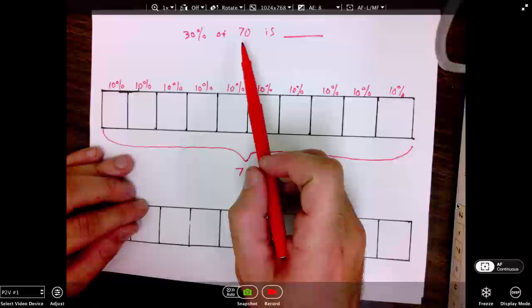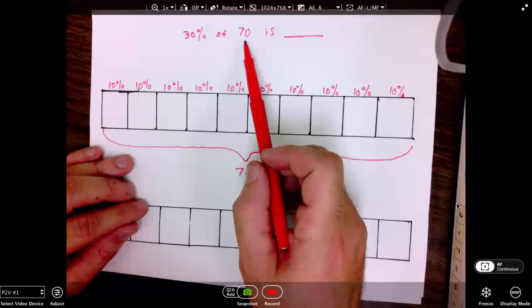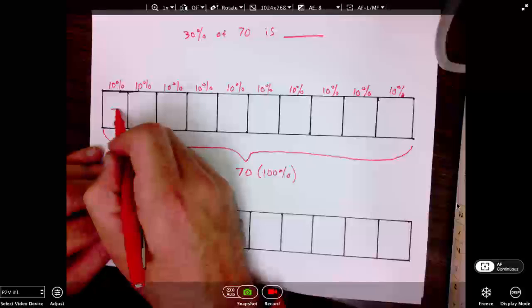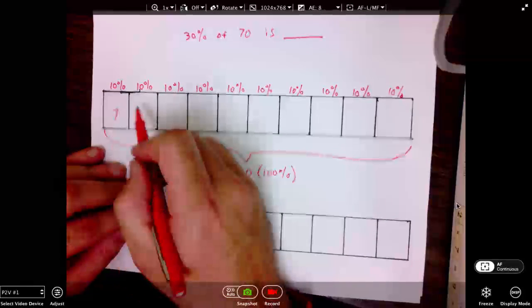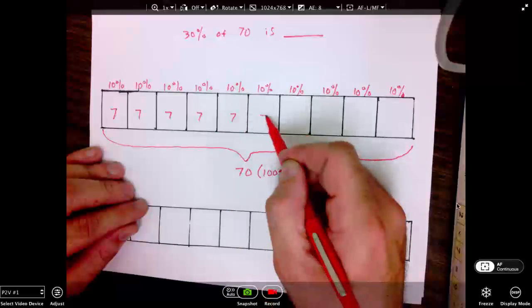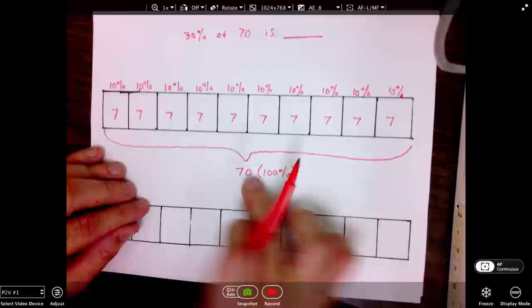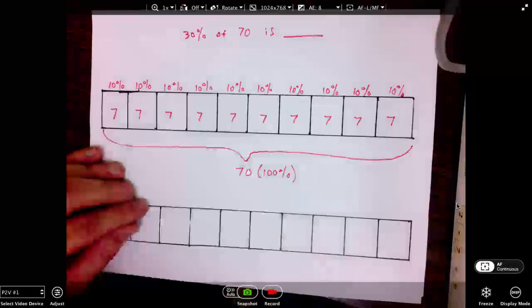Well, as we talked about before, we want 10% of 70. Simply move the decimal one place to the left. 10% of 70 is 7. So if 100% is equal to 70, then 10% is 7. I will simply fill 7 in to all of these squares. If the entire thing is 70, each small rectangle is worth 7.